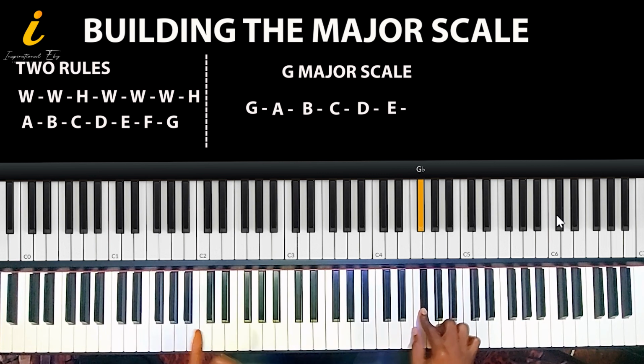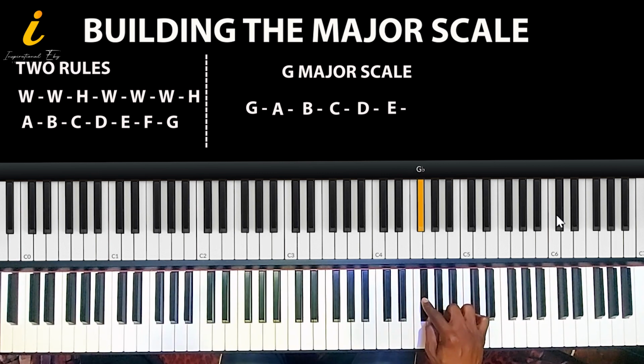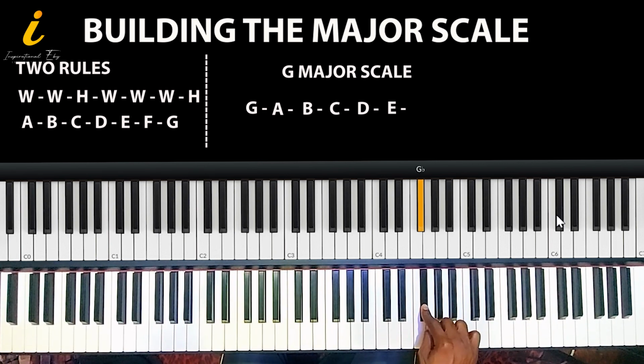After E is F. So this should be called F, right? It should be called a name that has F. So what are the two names of this particular sound here? It can either be called F sharp or G flat. F sharp or G flat, right? Remember? F sharp or G flat. But which one are we going to pick?